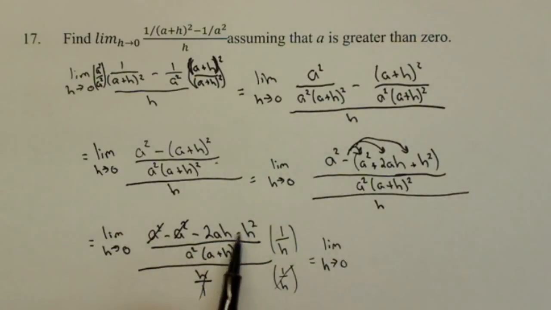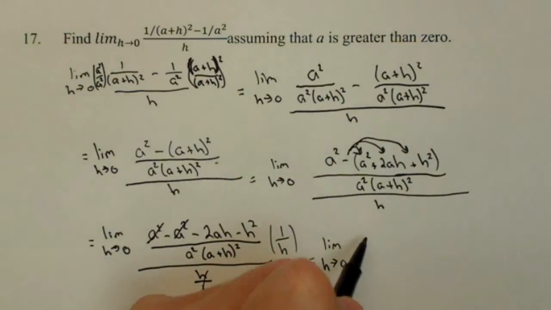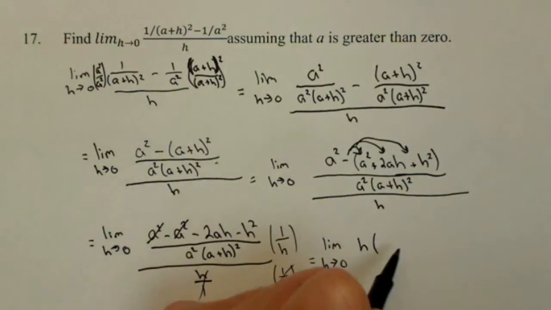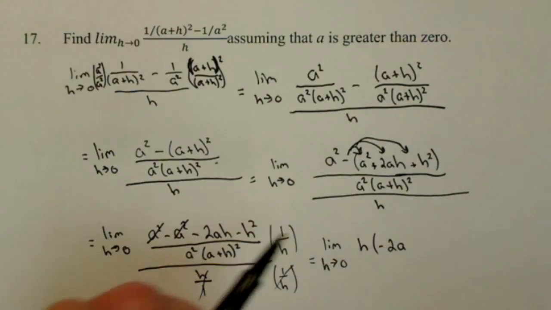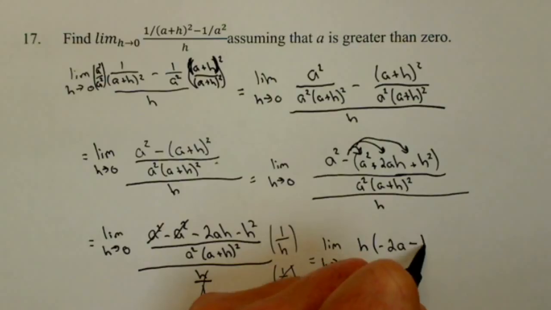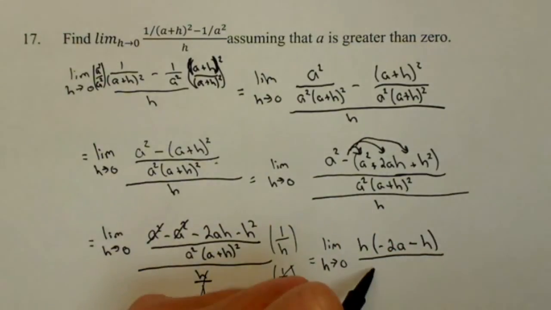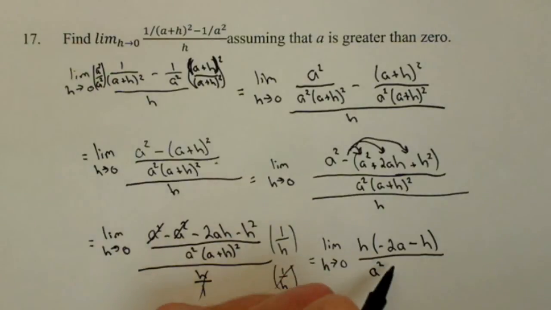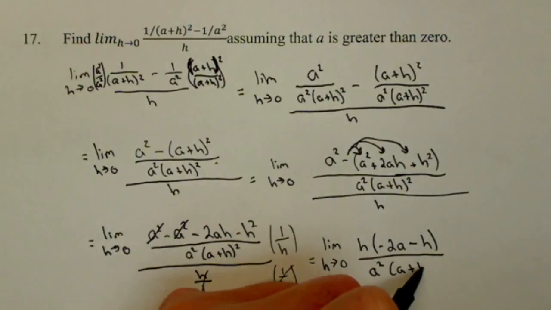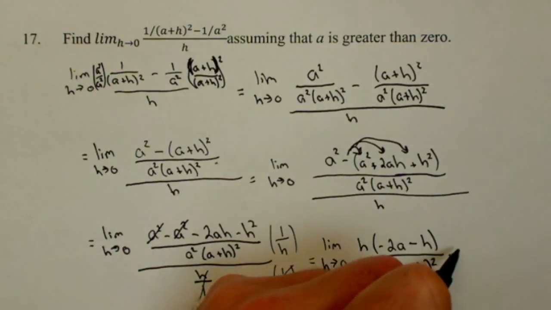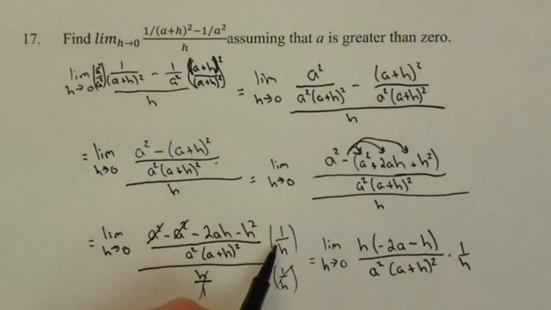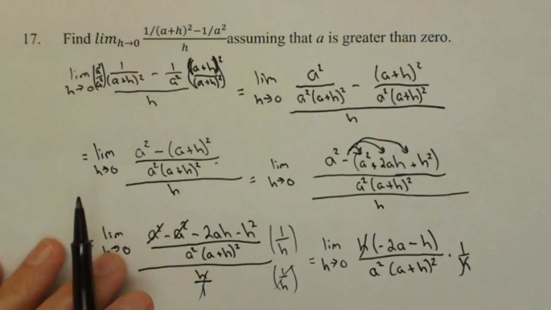Notice I can factor out an h in the numerator. So h times (negative 2a minus h) over a squared times (a plus h), the quantity squared, times that 1 over h that I have right here. Those h's are going to cancel.